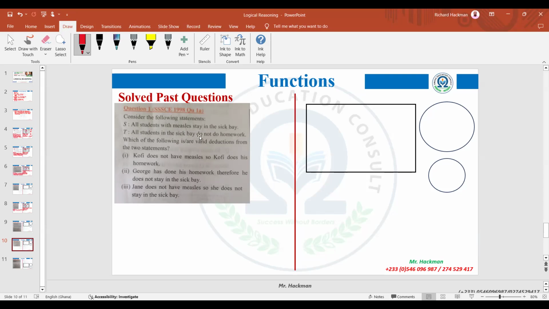Okay, so now let's see what we have in the statement that is here. All students in the sick bay do not do homework. So what does this mean? Obviously, can I say that this is the same as no students in the sick bay do their homework, let me put it that way.